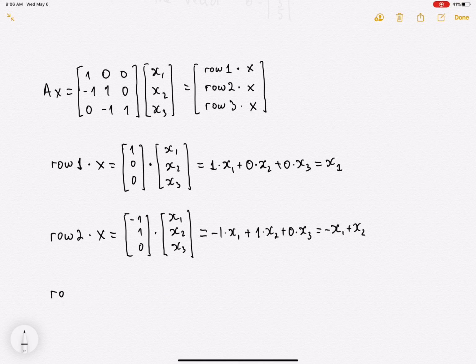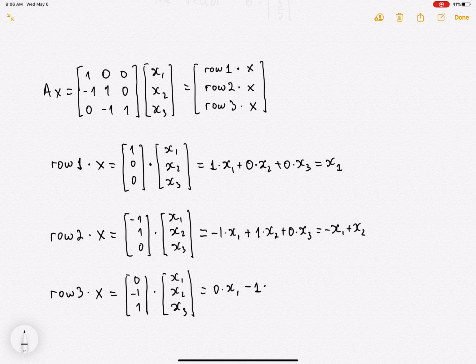And finally, row 3 times x, which will be 0, negative 1, 1, dot product x1, x2, x3, and we get 0 times x1 minus 1 times x2 plus 1 times x3, and we get negative x2 plus x3. So you see, no matter how you multiply the matrix, whether it's by the rows or by the columns, you are going to get the same answer.